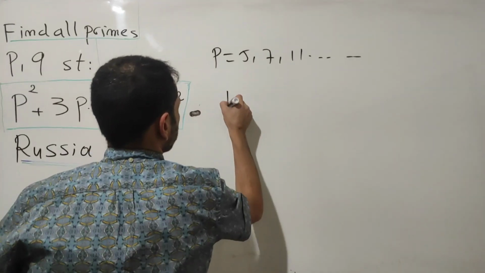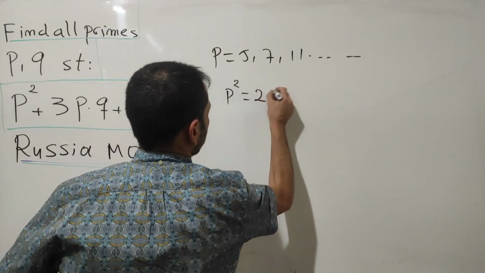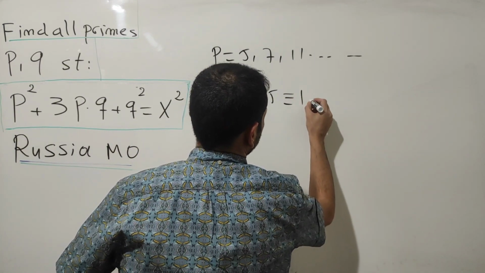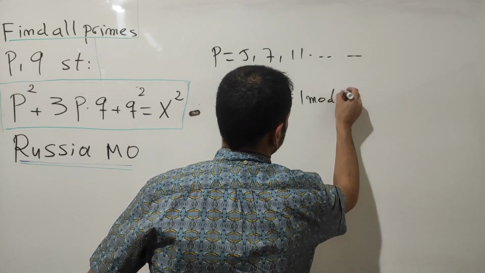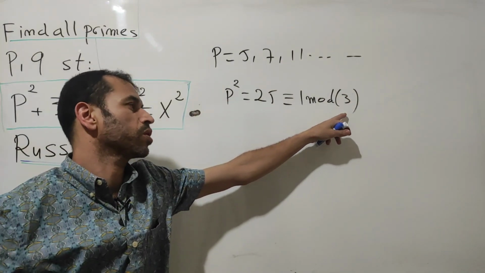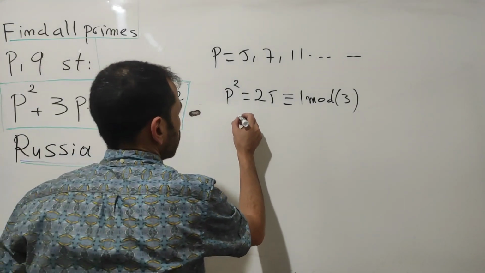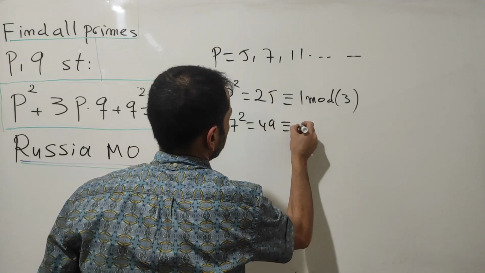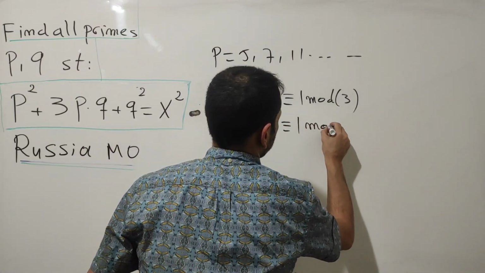You get p squared, which is 25. If I reduce this to mod 3, you always get 1 mod 3, because 25 minus 1, which is 24, is divisible by 3. And you take 7 squared, which is 49, then you see the remainder is 1 mod 3.